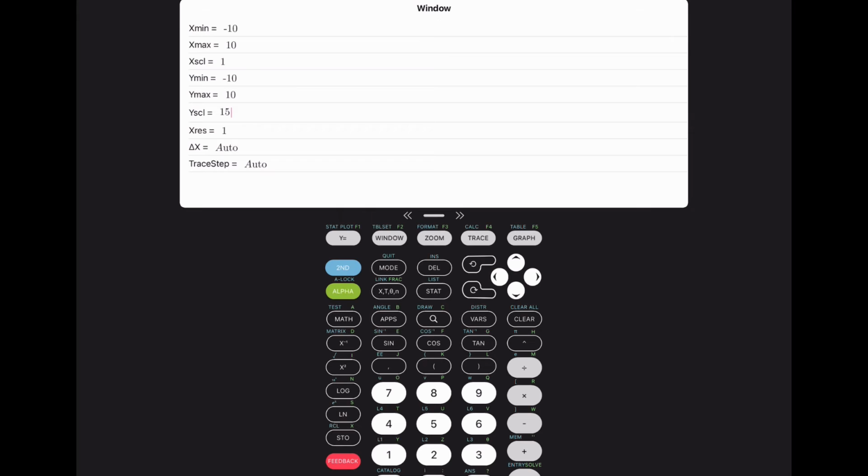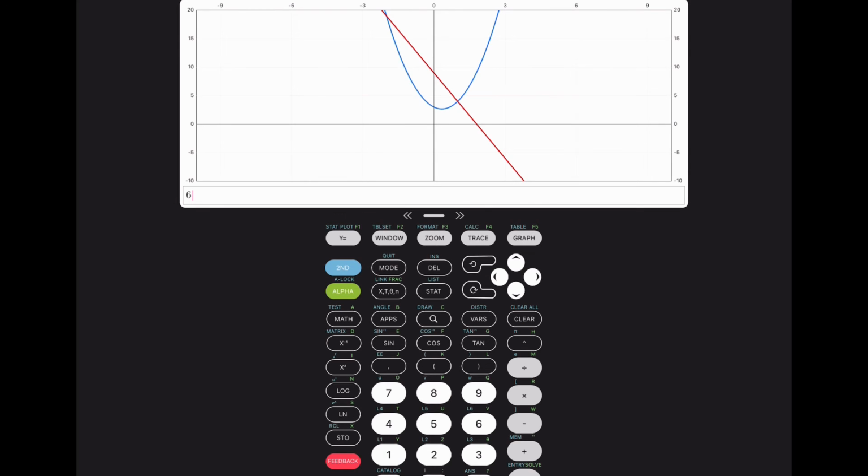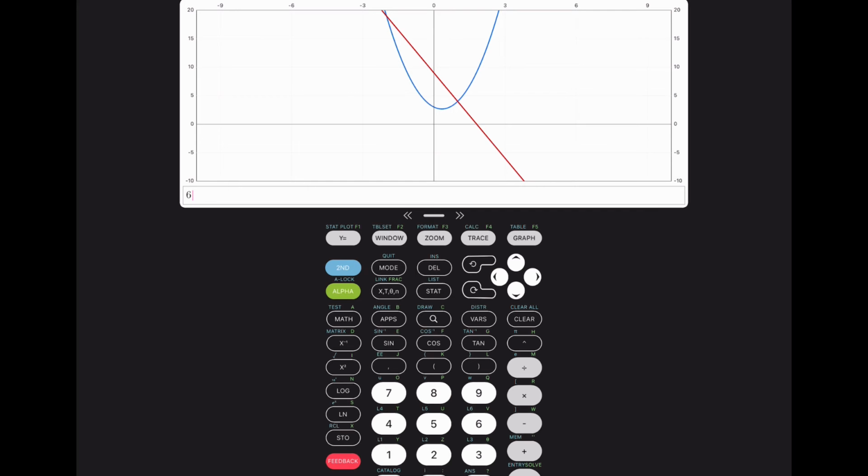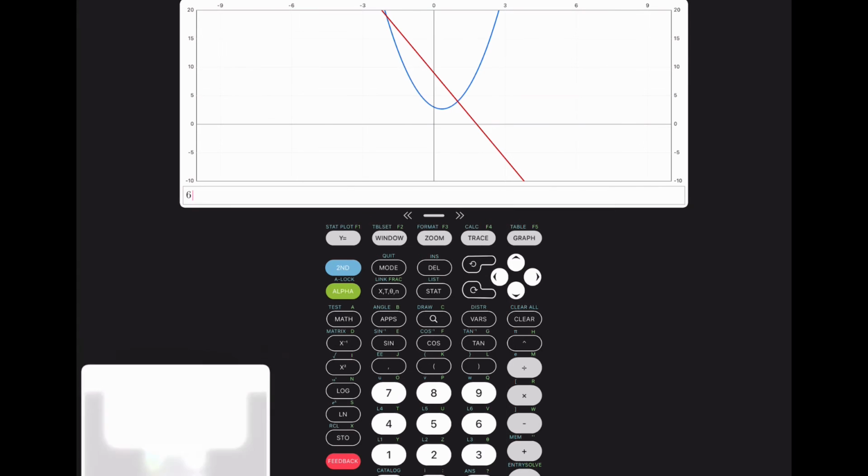I'm just going to change my Y max. I'm going to get rid of this. I'll make this 20. And then I'm going to change this back down to 1. And then, okay, a little better. So again, if you go to your window setting, just copy this over, and that should make your graph a little bit nicer to look at. Okay, so let's copy this over.